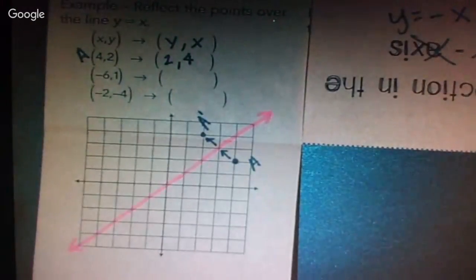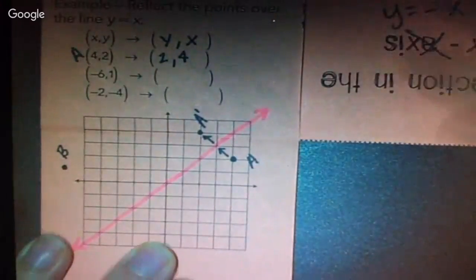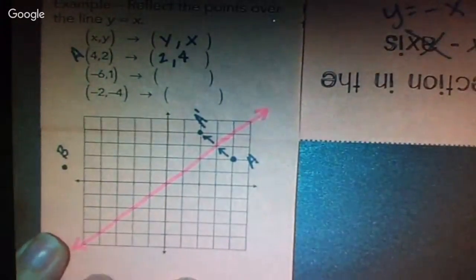So the signs don't change at all. If it had a negative, the negative goes with it. All you do is take your points and go whoop to the other side. So -6, 1 was way out here. My new point is going to be way out here at 1, -6.